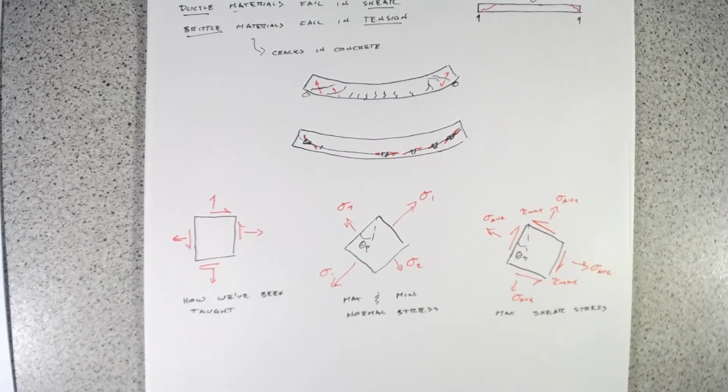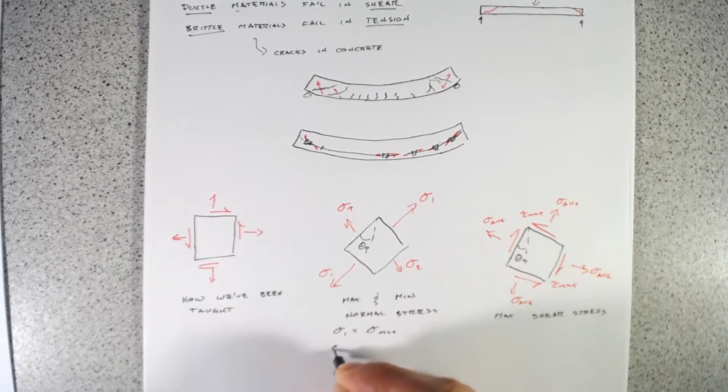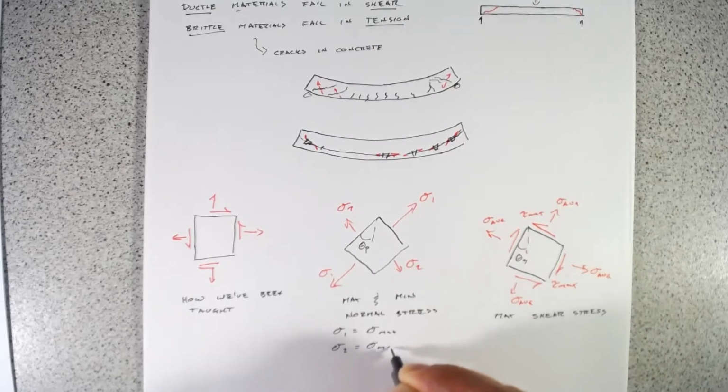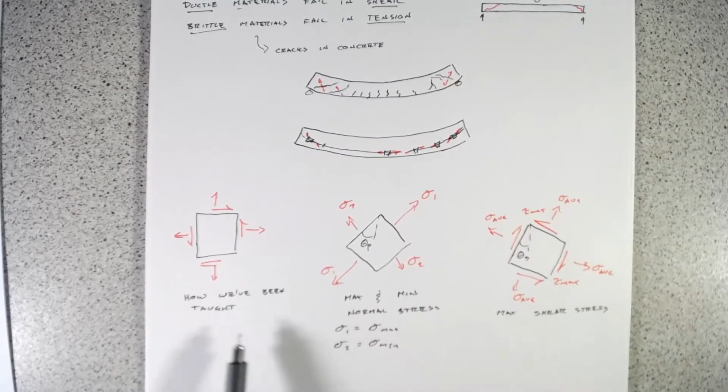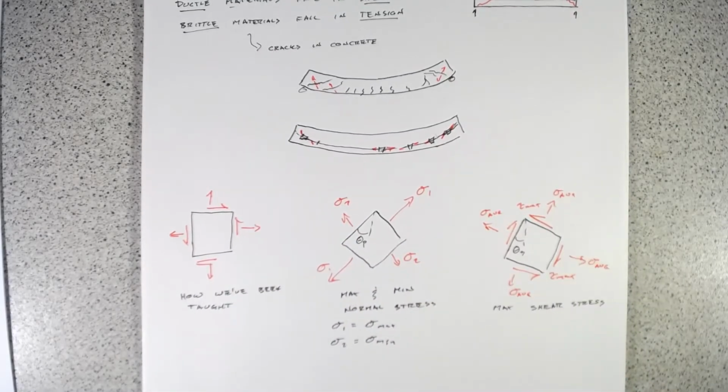And what I've drawn here is sigma 1 equals sigma max, sigma 2 equals sigma min. And remember, all of these are equivalent.